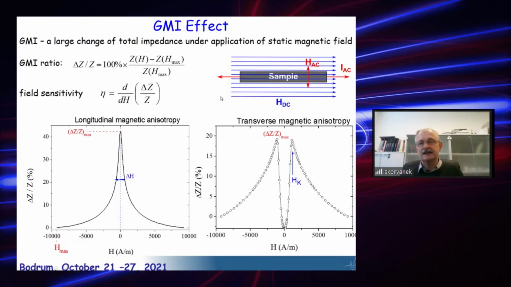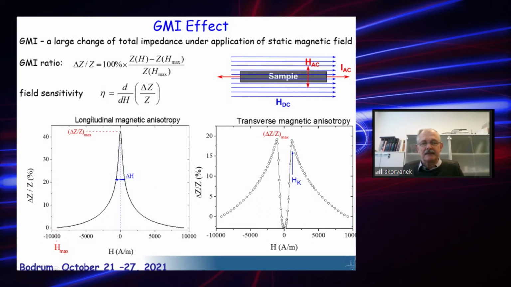And here is the geometry of this experiment. Here we have the sample. The AC current is flowing through the sample. It creates an AC magnetic field in the perpendicular direction, and a DC field is applied.